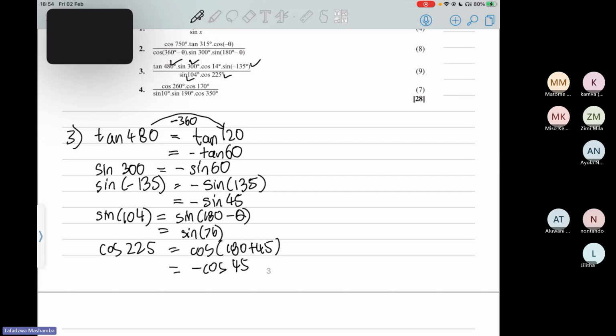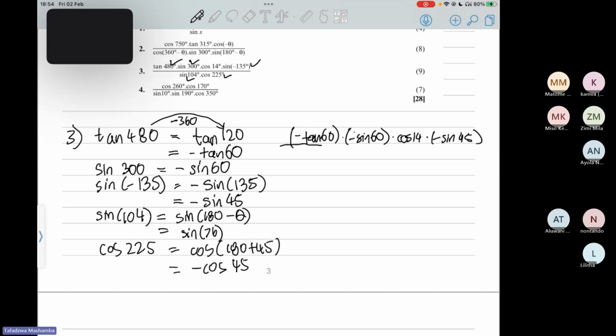Okay, so let's rewrite this in terms of that fraction. It's going to be minus tan of 60 multiplied by negative sine of 60 multiplied by cos of 14. We're going to see why it's important. And this sine of negative 45 just became negative sine of 45.